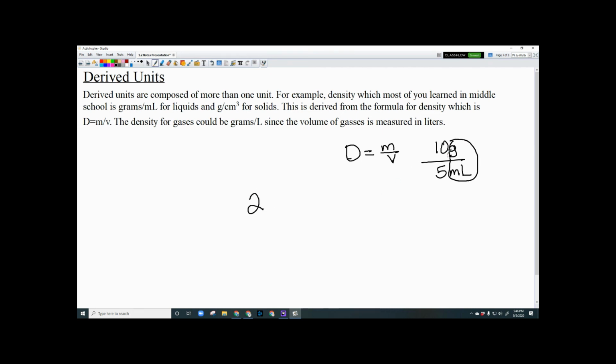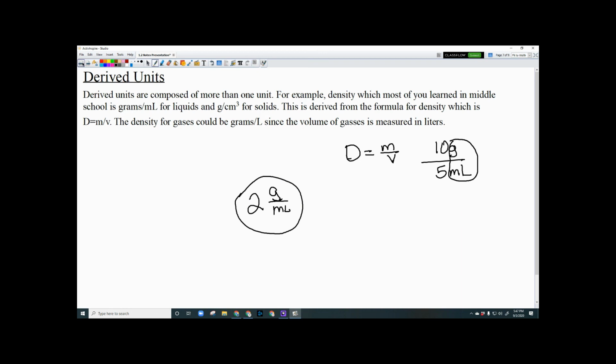And then what's our unit? Well, this one was in grams and this one was in milliliters. Now, it's grams over milliliters. So the question is, can we reduce or simplify this at all? The answer is no, we can't. So that's our answer here. 2 grams per milliliter is the density. And this is a derived unit. It's derived by dividing 10 grams by 5 milliliters. So it contains more than one unit, and it's a derived unit.